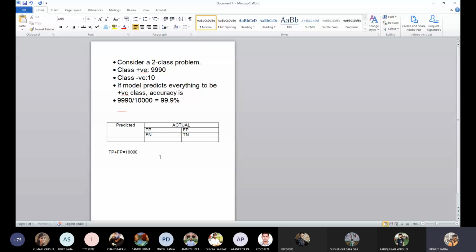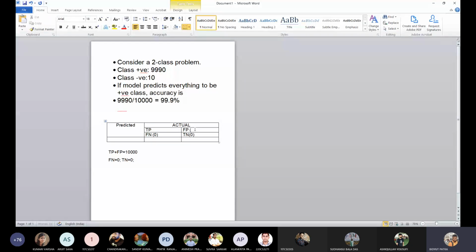Then FN will be 0 and TN will be 0. Then what will be the accuracy? Accuracy will be TP plus TN. If all is predicted positive class, and we know there are 9,990 actual positive class samples, then TP is 9,990 and FP is 10.